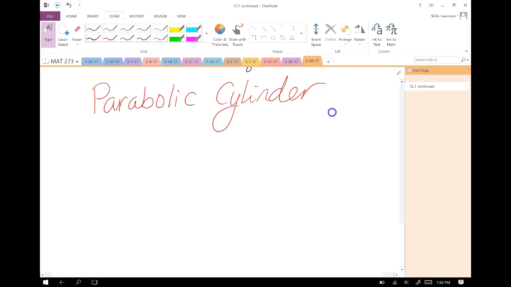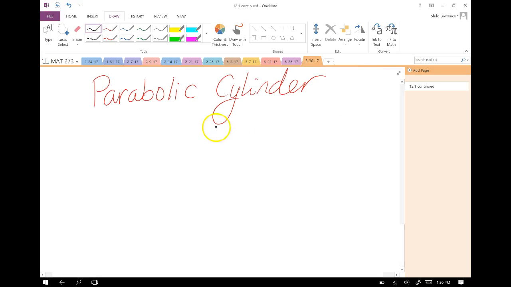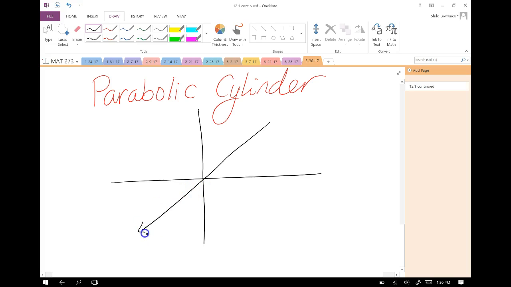So let's try to draw this thing. So we've got our X, Y, and Z axes. And remember, these are different than how we would draw just the XY axis. So you need to be careful with how you draw your parabola. That's why I wanted us to write down what direction the parabola opened in, because that's important.